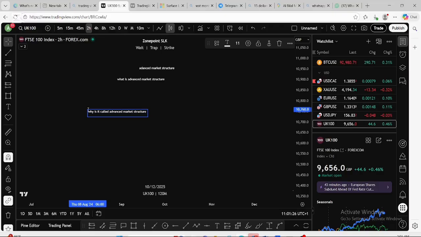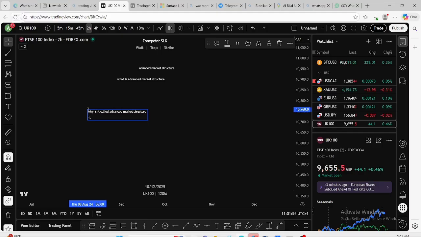Some people believe that advanced market structure is just about price, just about knowing where the price action is going, where the price is heading to. No, advanced market structure goes beyond that.